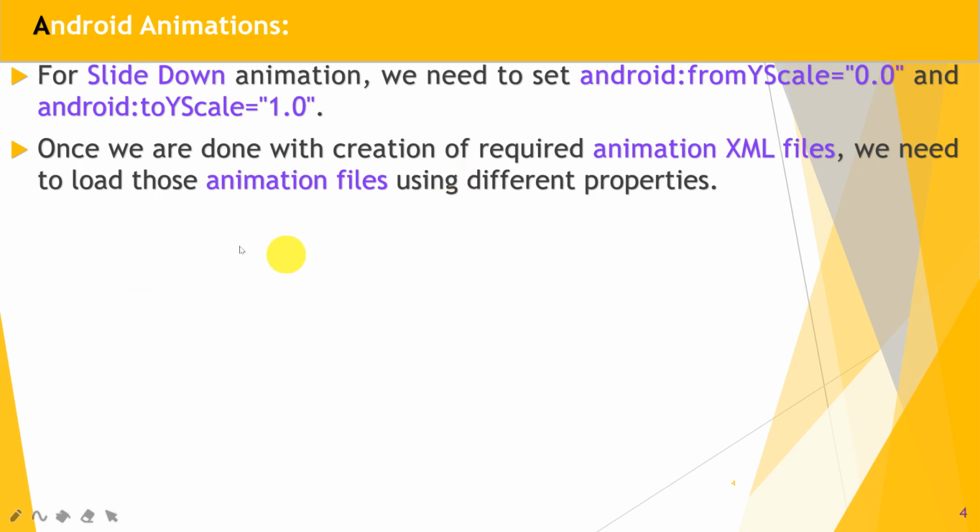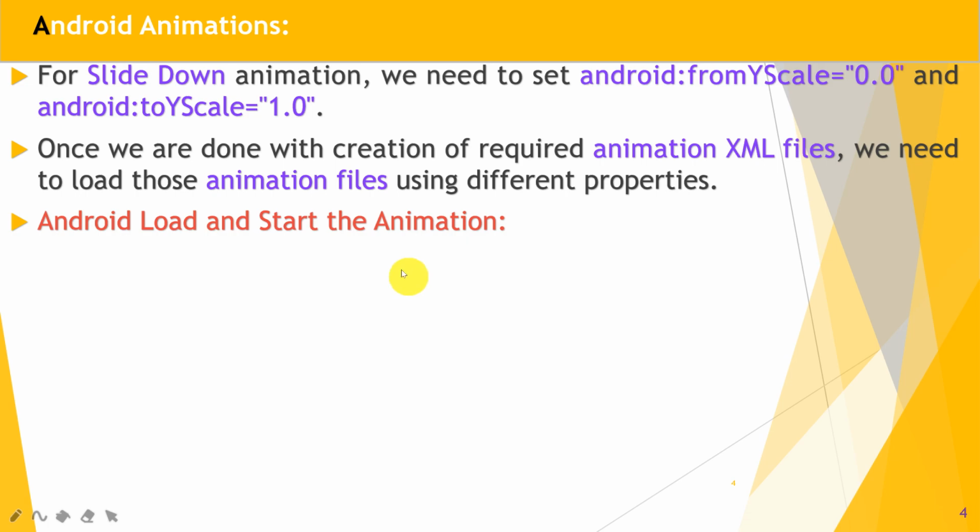Now once we are done with the creation of the required animation XML files, that is slide_up.xml and slide_down.xml, we need to load those animation files using different properties. So Android can load and start the animation.